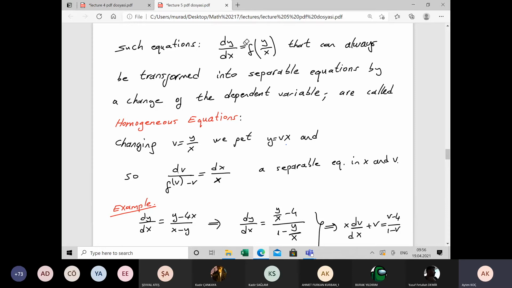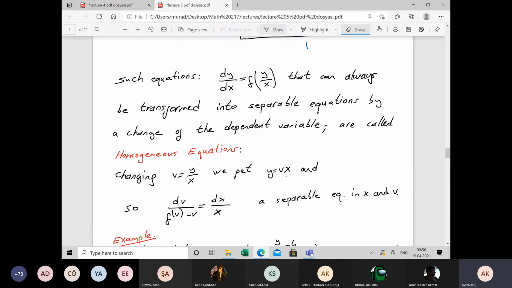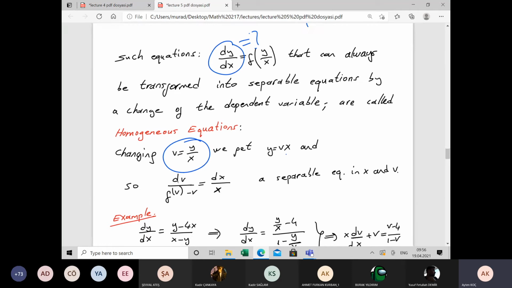Our aim is to find dy over dx. Because we use this substitution, we have to compute this one, dy over dx, taking the derivative with respect to x.